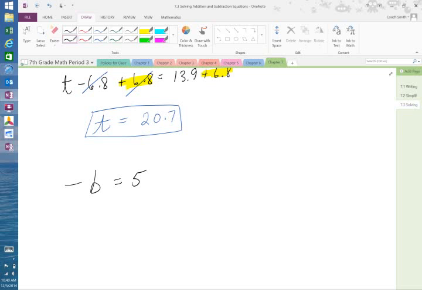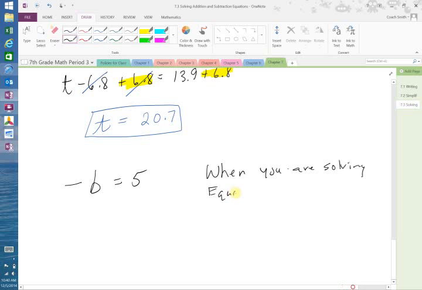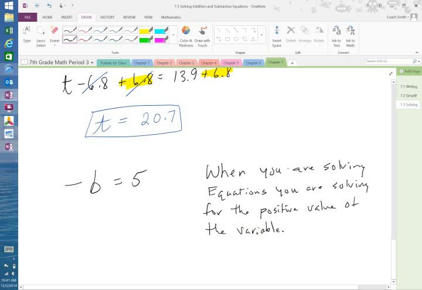Well, when you're solving equations, you're solving for the positive value of the variable, not the negative. So we don't want negative b, we want b.